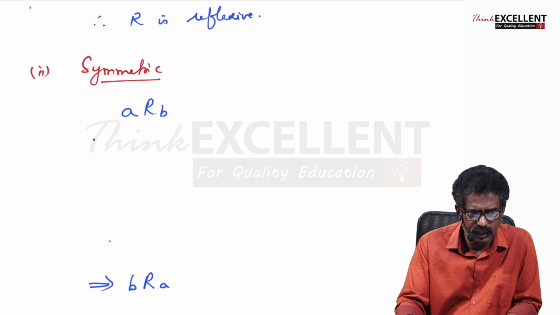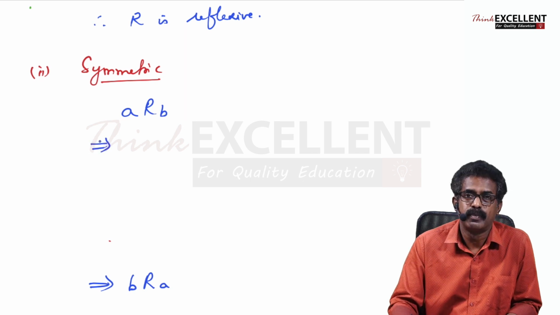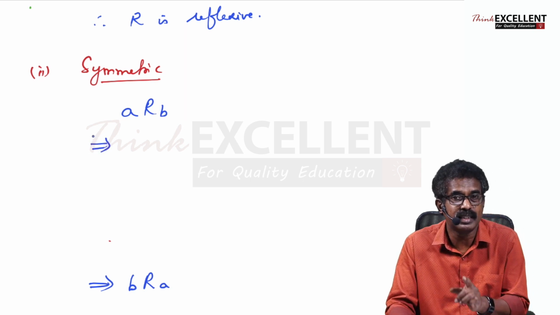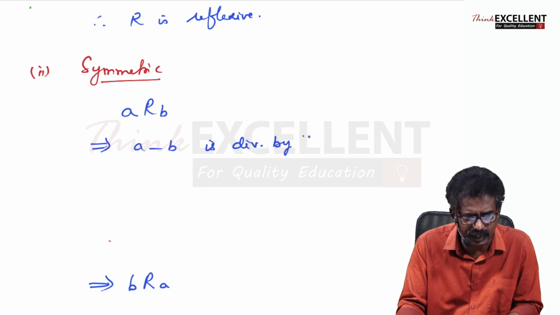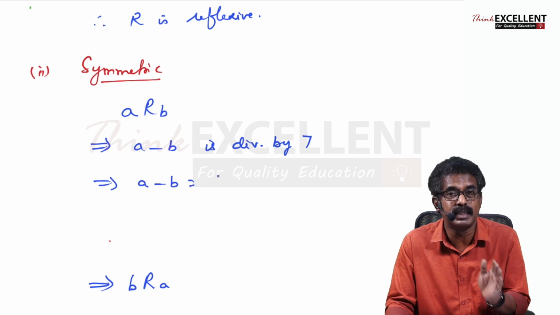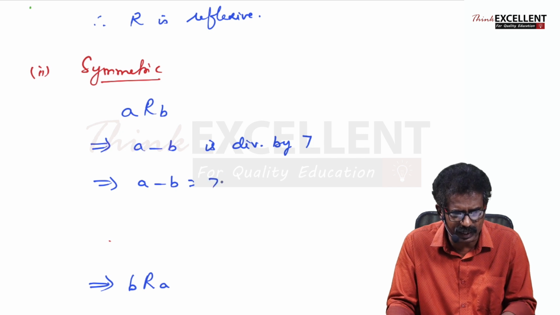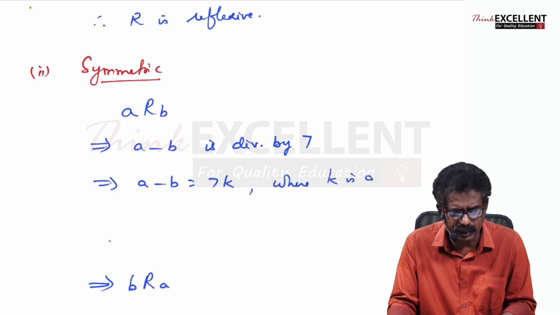Now please listen here. A related to B. Then what can you say? The difference is divisible by 7. What's the difference? A minus B is divisible by 7, that is, A minus B is equal to 7 into some integer. I am taking 7k, where k is an integer.